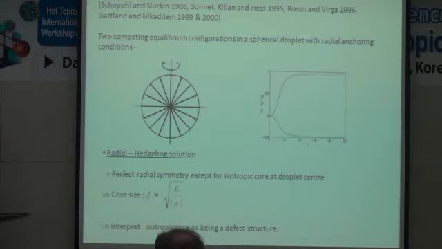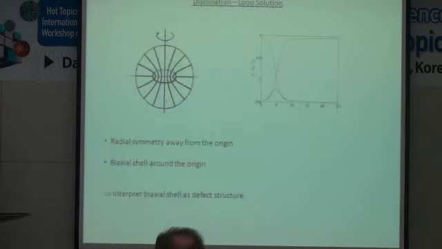So it's perfectly uniaxial everywhere away from the center, but at the center all three eigenvalues vanish. So you have a single isolated isotropic point at the center, and from what I've already said, you can interpret this isotropic point as being a defect point. Although nothing really funny happens in the solution, you can think of this one isolated isotropic point as being a defect point, if you like.